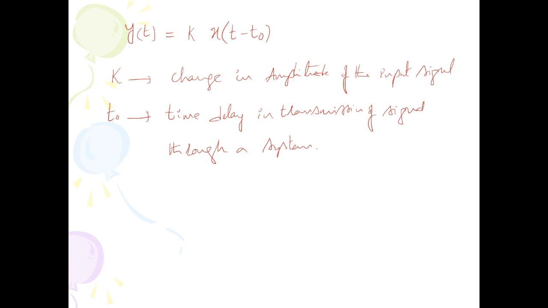Now apply Fourier transform on both sides. So Y of j omega is equal to k into the Fourier transform of x of t minus t naught.